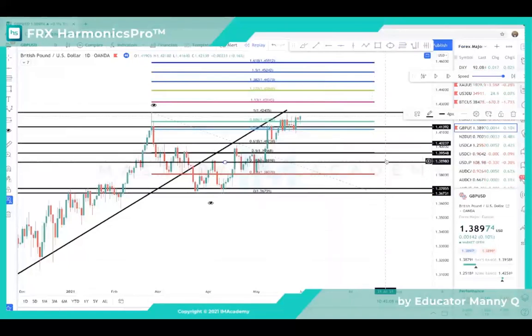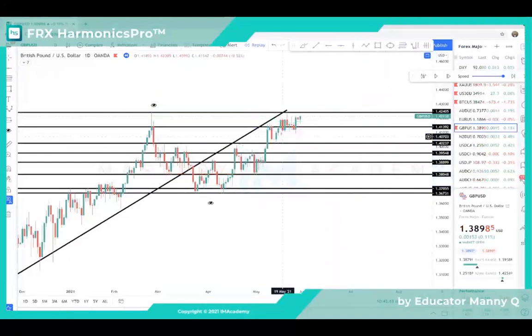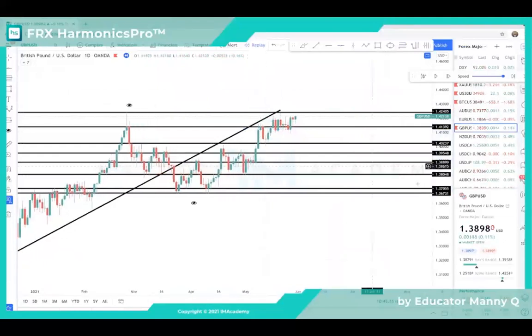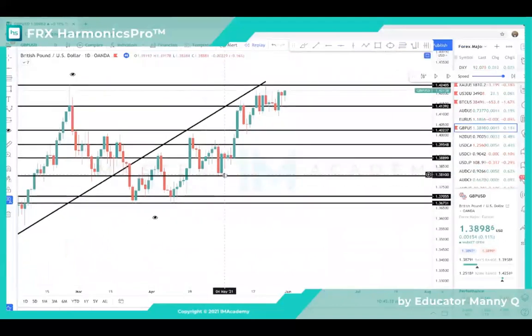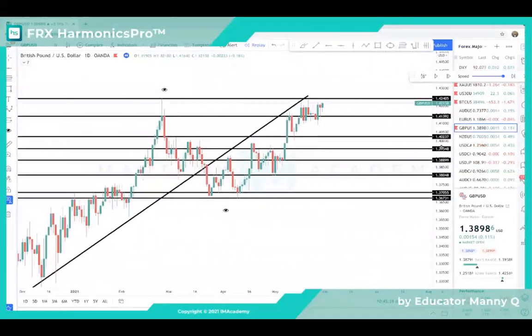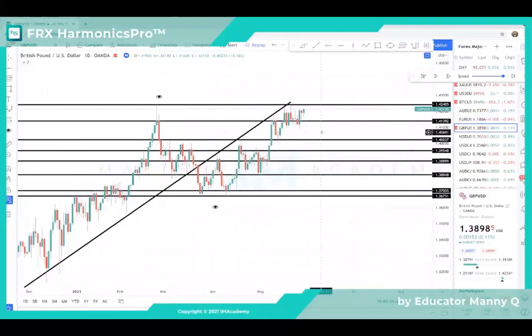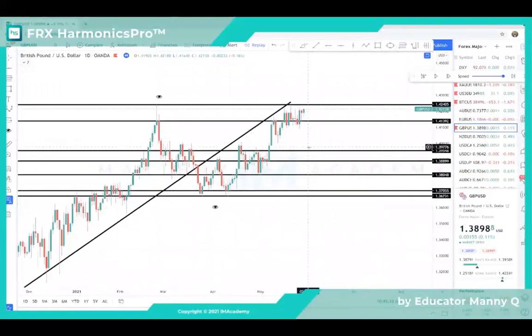I can use all my Fibonacci levels if I want as different zones inside of the market. Not that I'm going to right now, but I can use each and every one of these as zones to determine what are those key areas of support and resistance where the market could potentially turn around. But for now, I'm just going to delete these other zones.